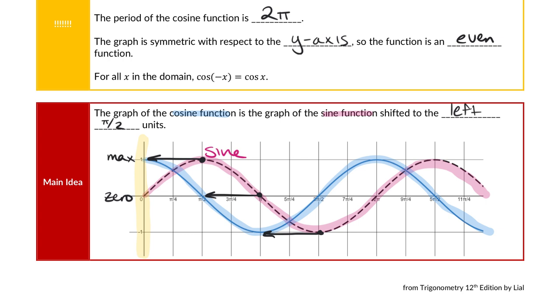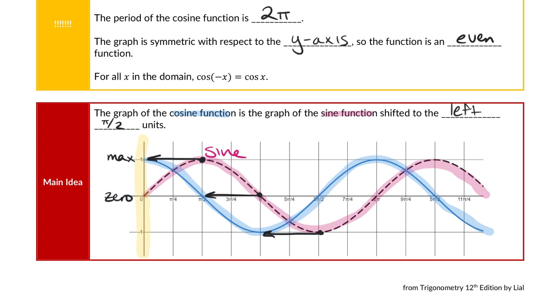I'm going to use the word center instead of 0: center, maximum, center, minimum, center, max, center, min. We're graphing sine. The pattern is the same, but the starting point is different. Max, center, min, center, max, center, min. Same pattern, same graphs, just shifts of each other.